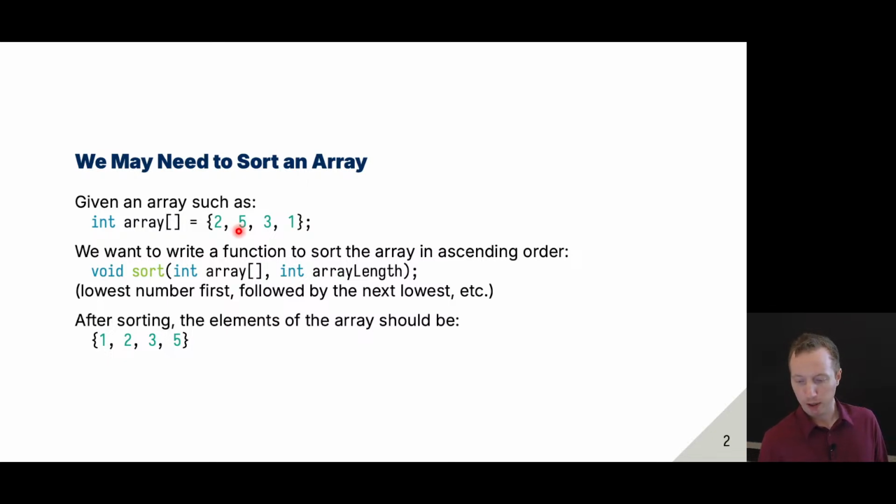And then I can do that to the next pair, like 5 and 3, and compare them. In this case, they're not in the right order, so I swap them so that we have 3, 5. Then I compare the next 2, and they're not in the right order, so I swap them again and make sure it goes 1, then 5.